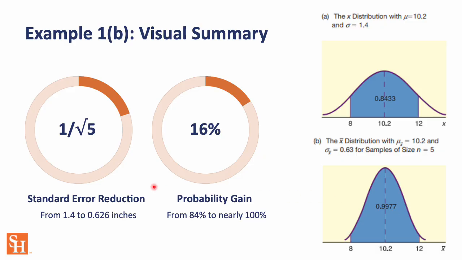For the individual trout, the standard deviation was 1.4, but for the sample the standard deviation has reduced to 0.625, reduced by a factor of 1 over square root of 5. In that case the probability increases by about 16%. Earlier the probability for the individual trout was about 84%, and now it is almost 100%.